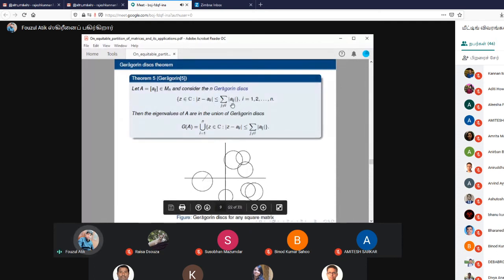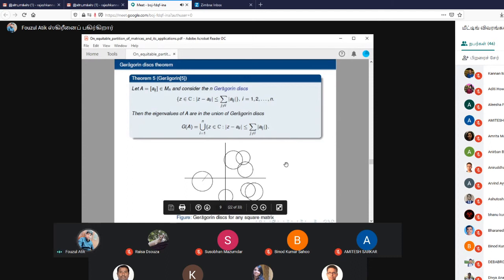We took the other row sums, and found a region, the union of the Gershgorin disks by considering the rows. But if we consider the same theorem for A transpose, we will get different disks. We may not get the same disks, and we can again find another region where all the eigenvalues will lie.